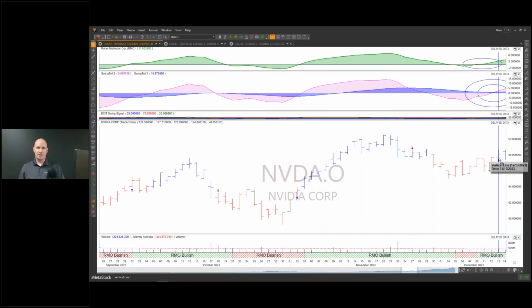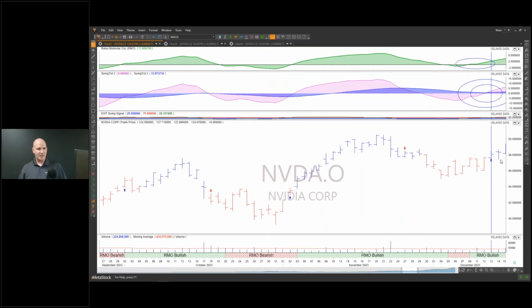So to help us make sure that we're buying into strength, when we get this signal, we wait for the next bar, and we see if it breaks above the high of this bar. If it does, that is a valid signal. If it does not, it is not a valid signal. So that makes it very important. It helps confirm that trend for us. Okay, so here it did go above, so that'd be an entry.